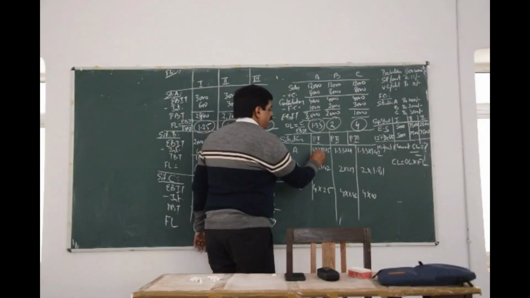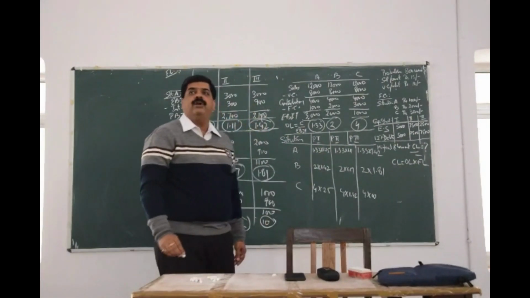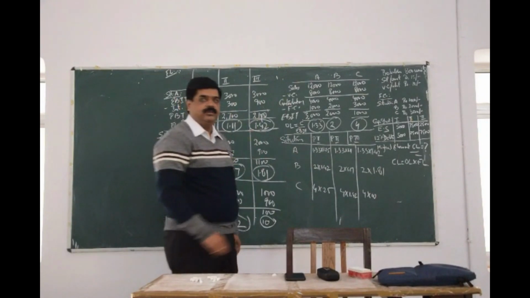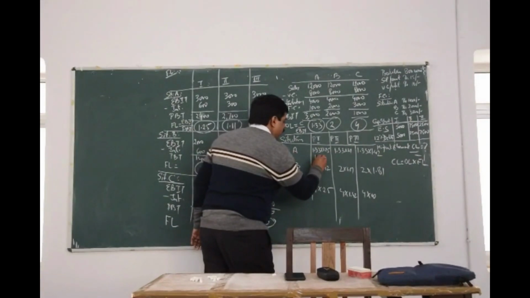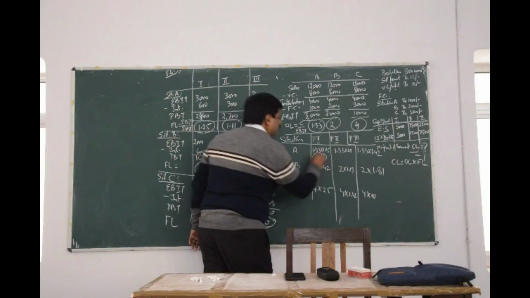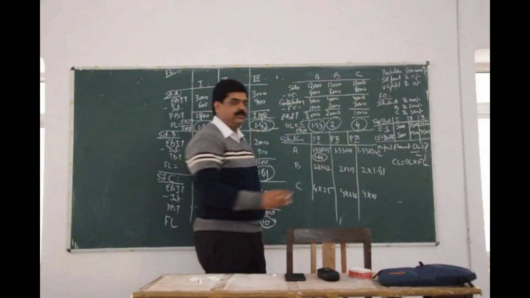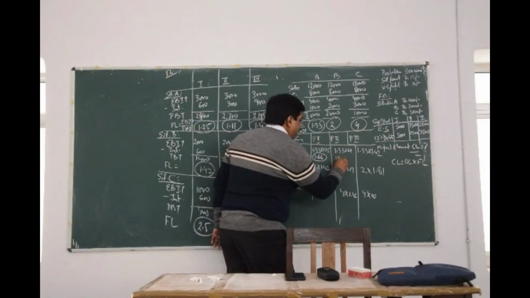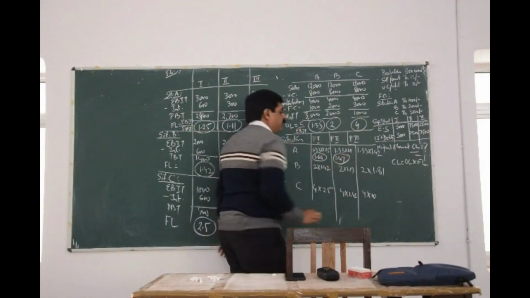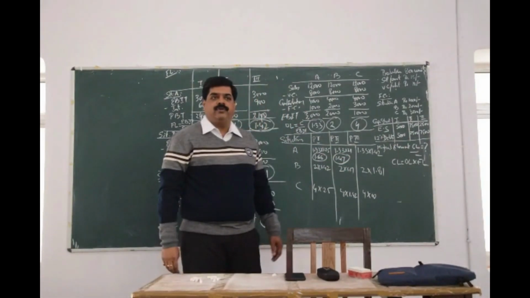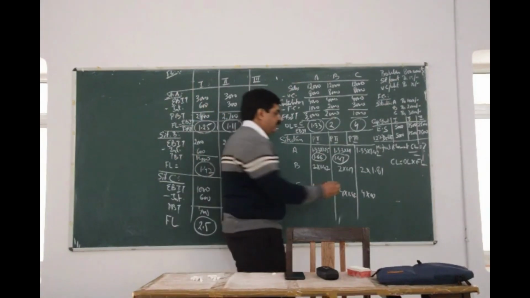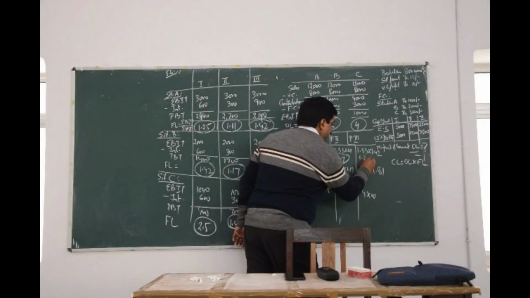Now 1.33 multiplied by 1.25 is 1.66. 1.33 into 1.11 is 1.47. 1.33 into 1.42 is 1.89.